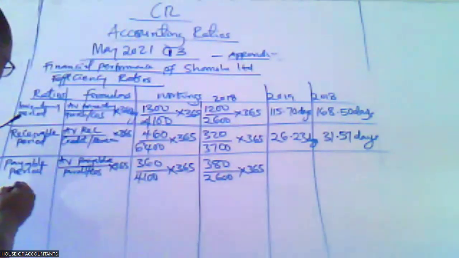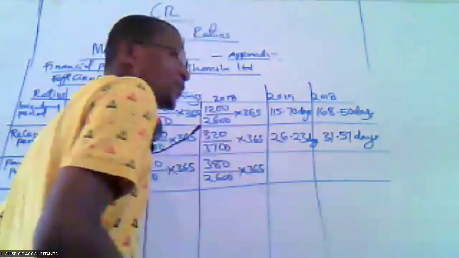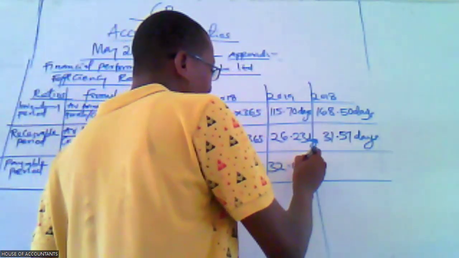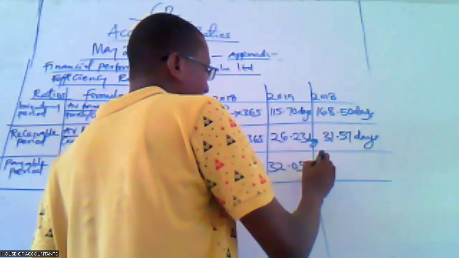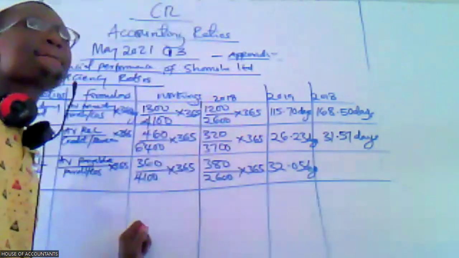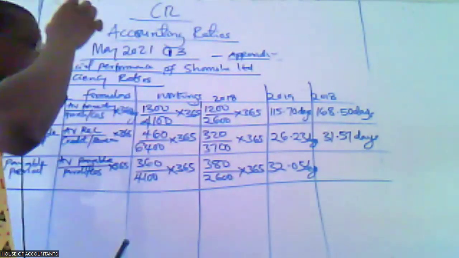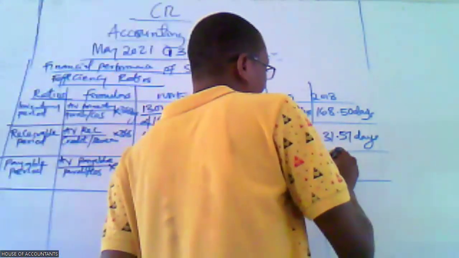What do we get for this? 32.05 days for this one, and 53.35 for the other.